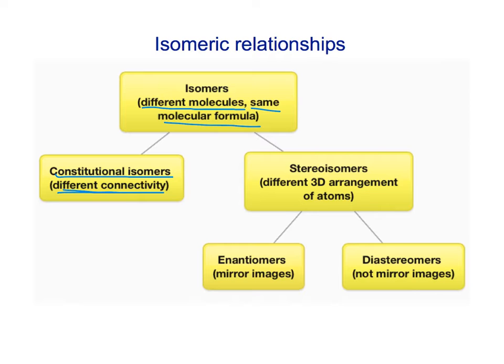If the isomers have the same connectivity but they differ in the three-dimensional arrangement of the atoms, then they're called stereoisomers. If stereoisomers are mirror images of one another, they're called enantiomers. And if those stereoisomers are not mirror images of one another, then we call them diastereomers.